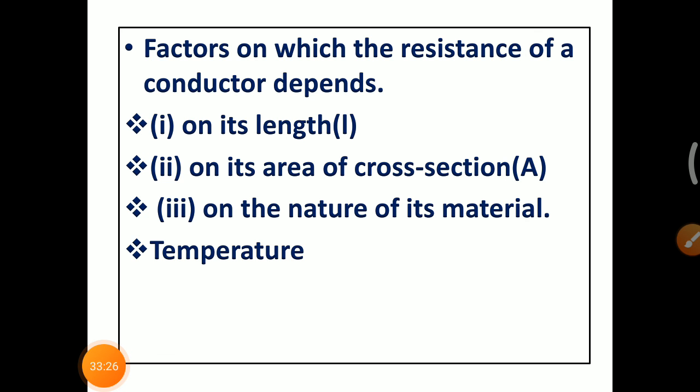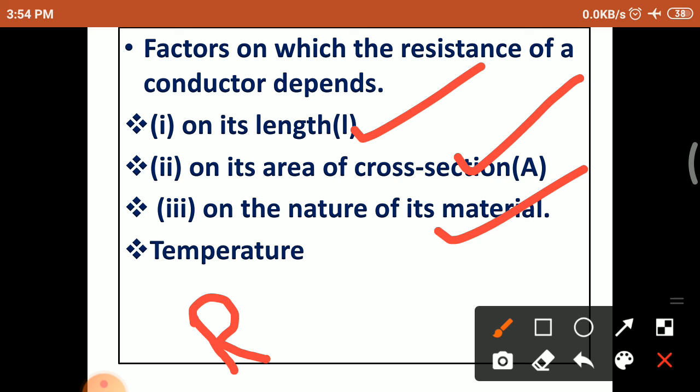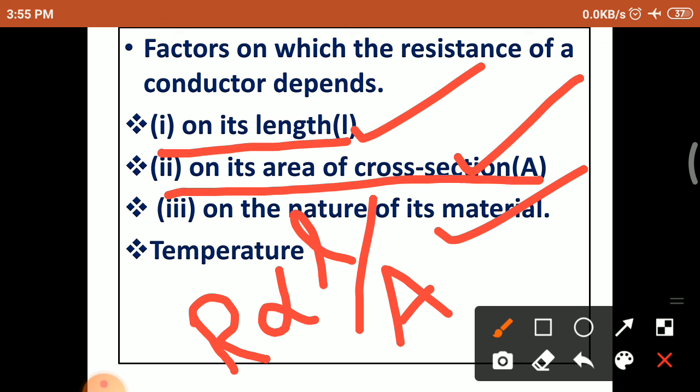In this slide, the factors on which the resistance of a conductor depends are the length, the area of cross section and the nature of the material. That means in this activity we proved that it is directly proportional to L and inversely proportional to A. So it depends on the length L and area of cross section, as we proved in the activity.